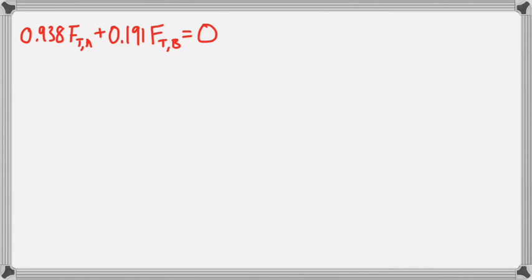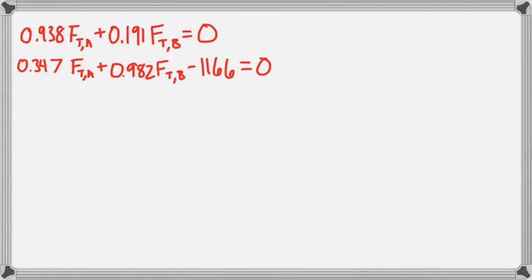And the other one I had, I'm going to start off with the force of tension in rope A. And we're going to say that is 0.347 plus 0.982 times the force of tension in B, minus 1,166 equals 0. Okay?